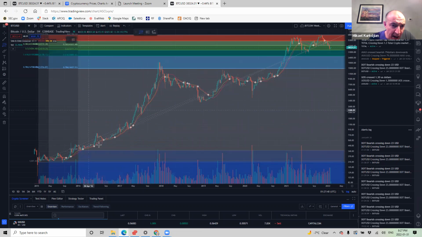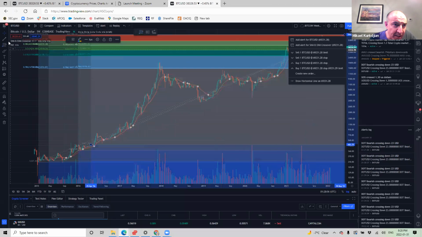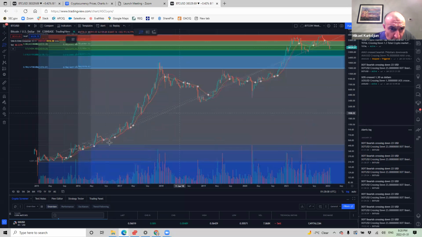Every single time that we see a support line being formed, like right over here or over here, it's actually going to be a resistance because it's formed a plateau. And from this resistance line, I'll be going all the way to the top, and we'll be repeating this exercise all the way.